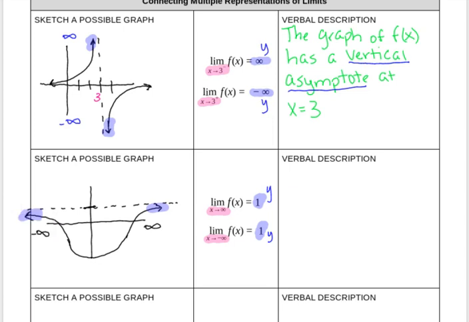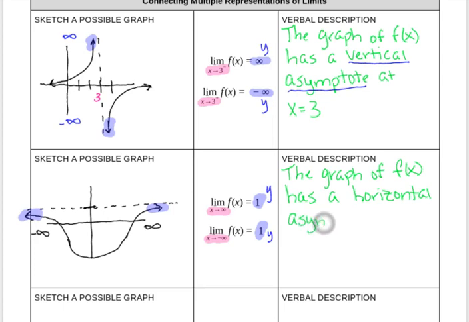So in this case, our verbal description would be that the graph of f of x has a horizontal asymptote at y equals 1.